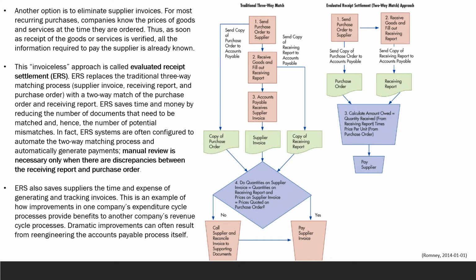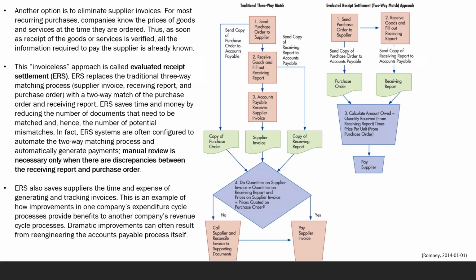In fact, the ERS system is often configured to automate the 2-way matching process and automatically generate payment. Manual review is necessary only when there are discrepancies between the receiving report and purchase order. So ERS also saves the time and expense of generating and tracking invoices.